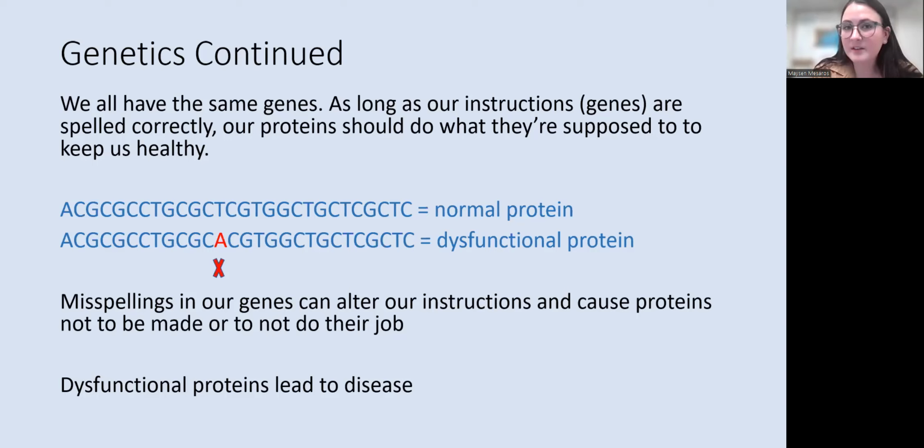The fancy word for these misspellings is a mutation, and it can be as simple as a single letter being off. So as you can see in the top strand, that is making a normal protein. If you change a single T and make it an A instead, almost like a typo, that can completely disrupt the protein product and lead to disease.